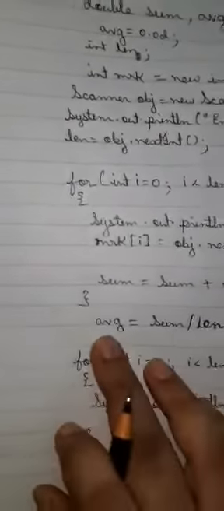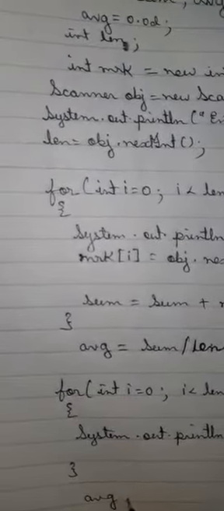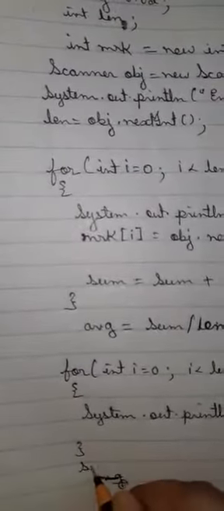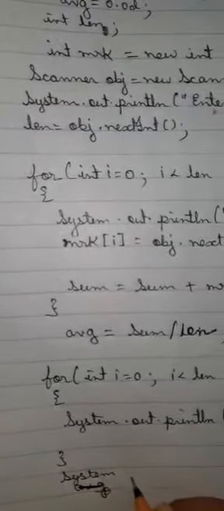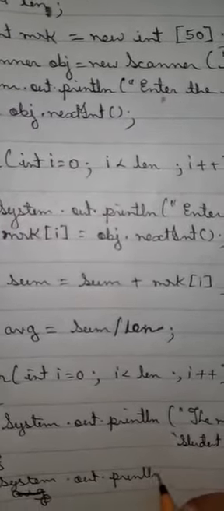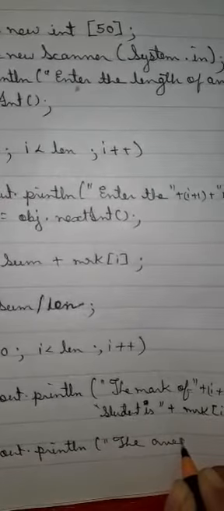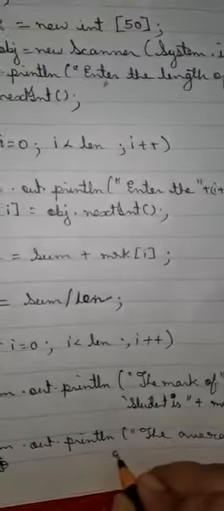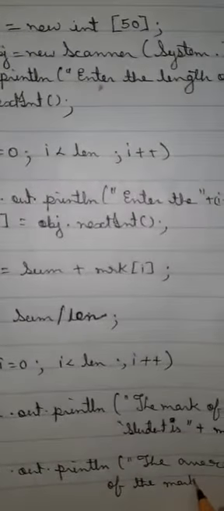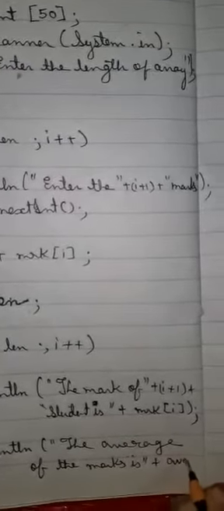But for the average it is a single output, so there is no need for a for loop. System.out.println("The average of the marks is " + avg).